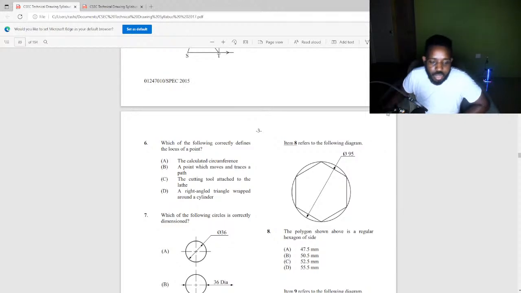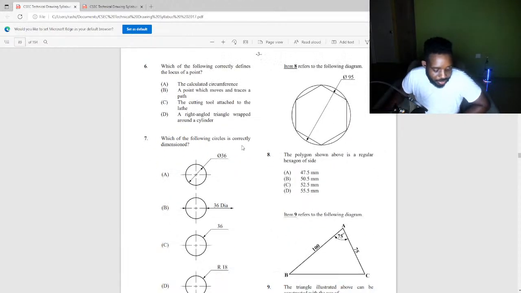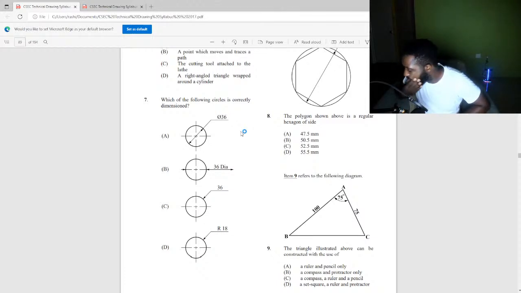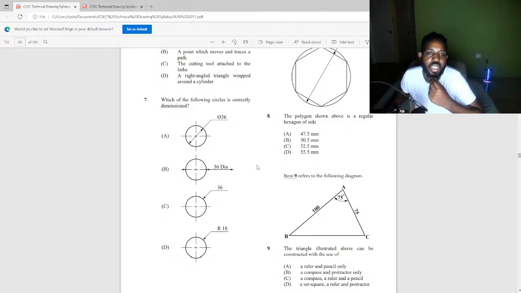Number 7 says this. Which of the following circles is correctly dimensioned? Number 6 was indeed B. So for number 7, which of the following circles is correctly dimensioned? Is it A, B, C, or D?